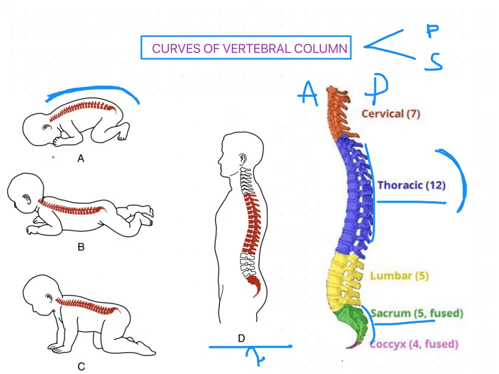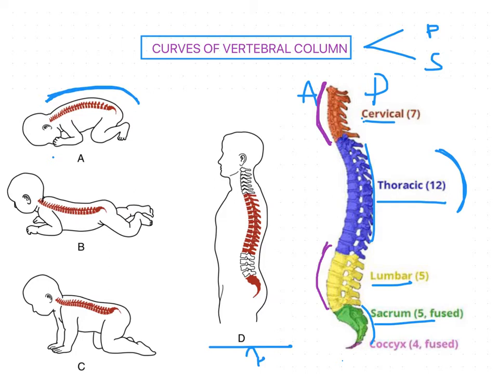The two secondary curves we can see at the cervical region and the lumbar region. What is a secondary curve? Anterior convexity of the vertebral column is called a secondary curve.